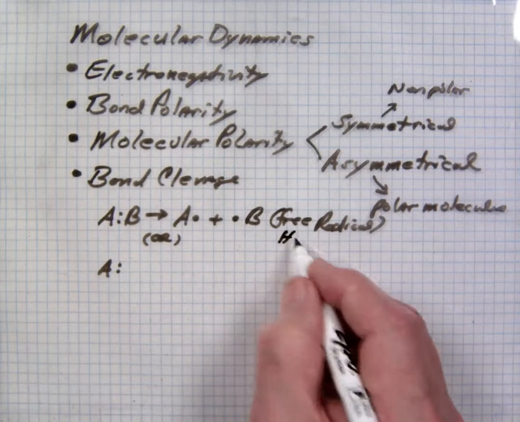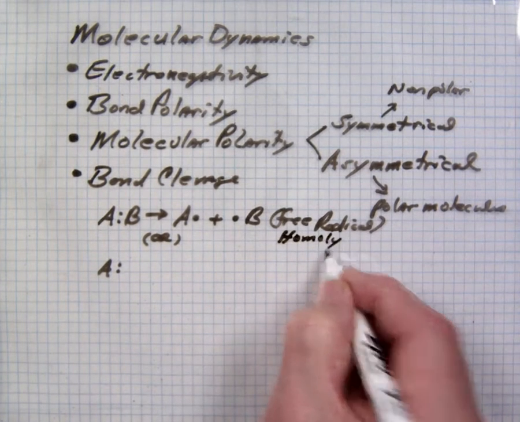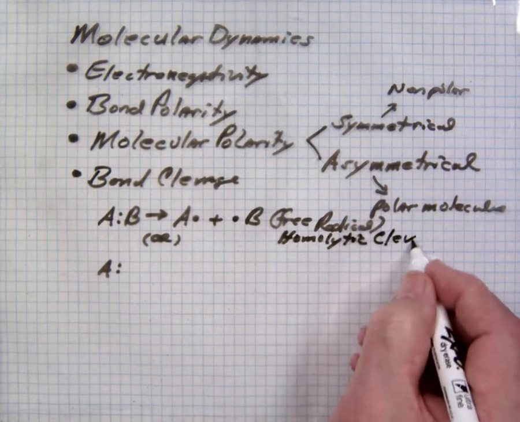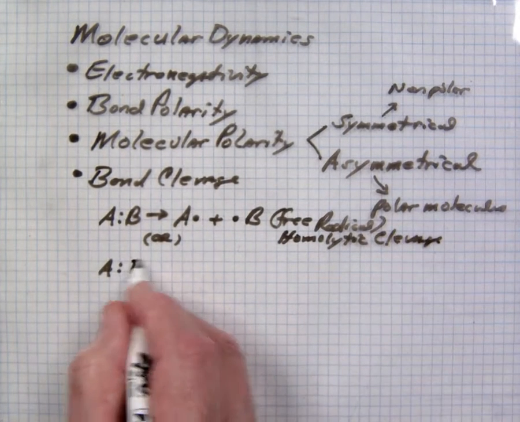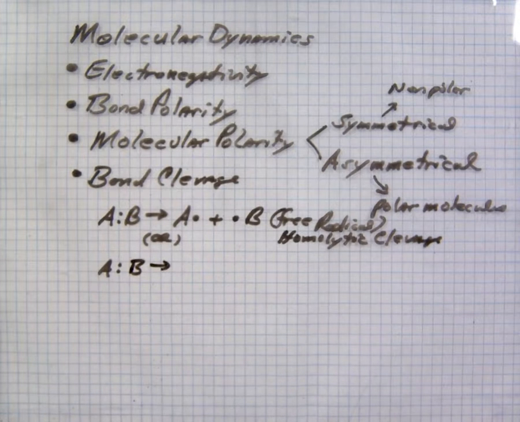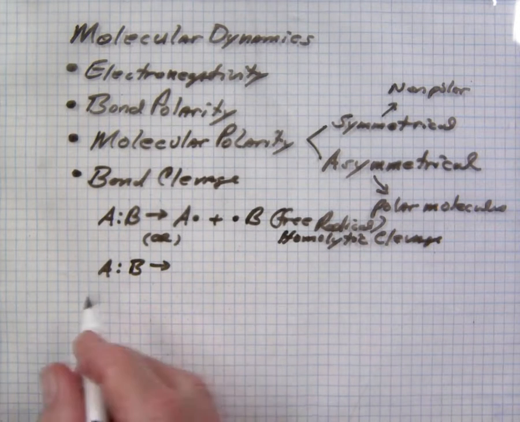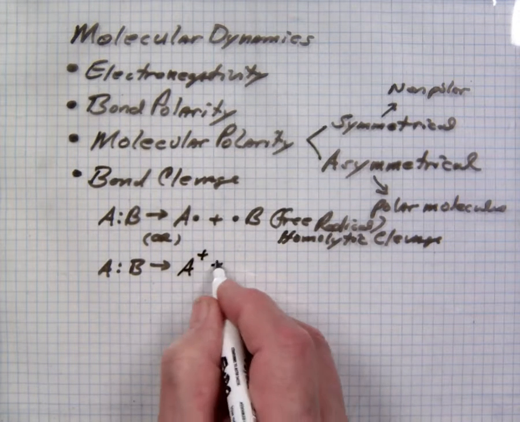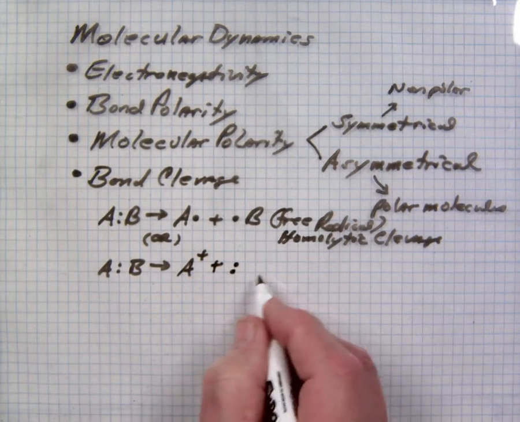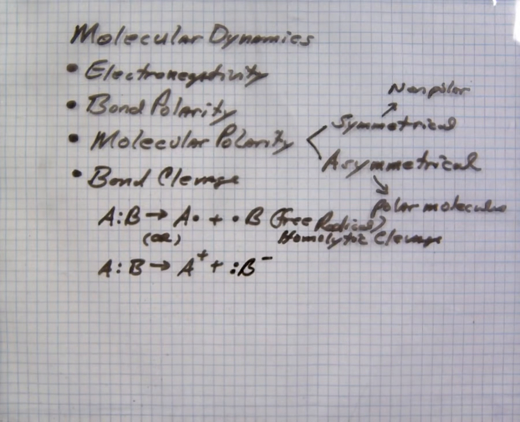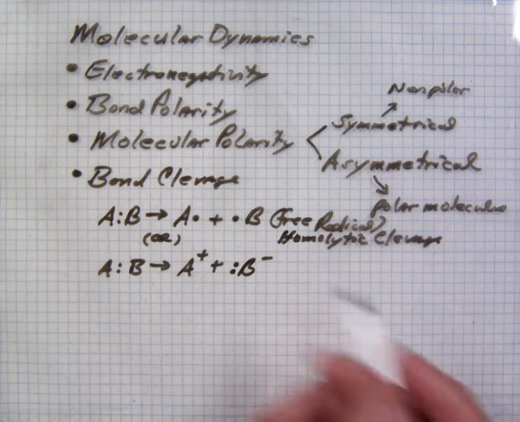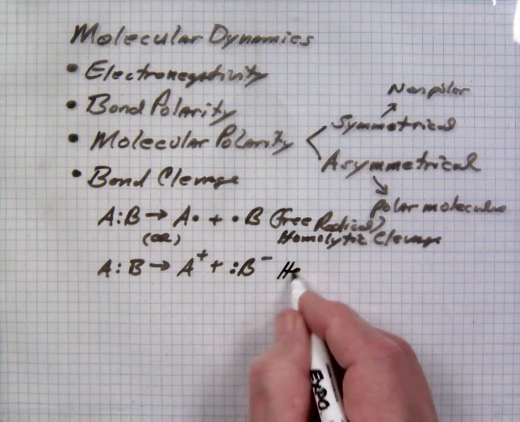This is homolytic cleavage. Forgot to put that. And then if a pair of electrons goes with one element, that is a polar cleavage or a heterolytic cleavage. And we'll leave one of the elements with a formal positive and another element with a formal negative charge, and that's ions, obviously, cations, anions, and that's heterolytic.